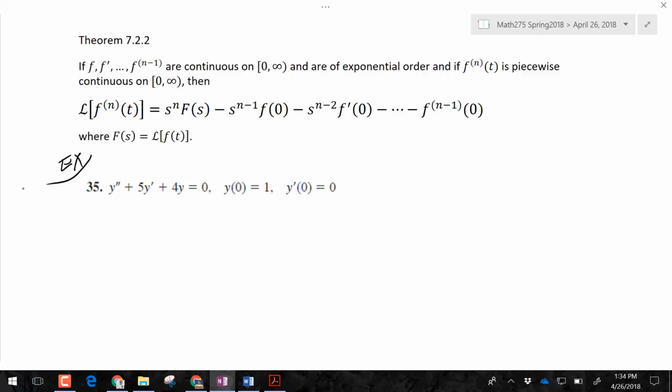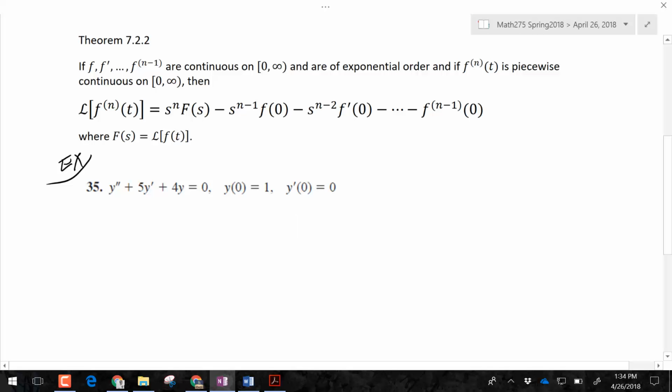Characteristic polynomial. Is it called a characteristic polynomial? Auxiliary. Yeah, it's the auxiliary equation. Characteristic polynomial is eigenvalue stuff. You can.